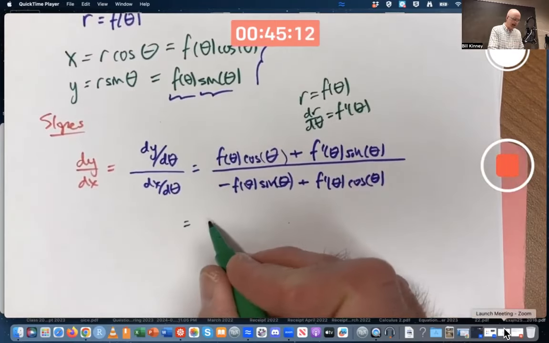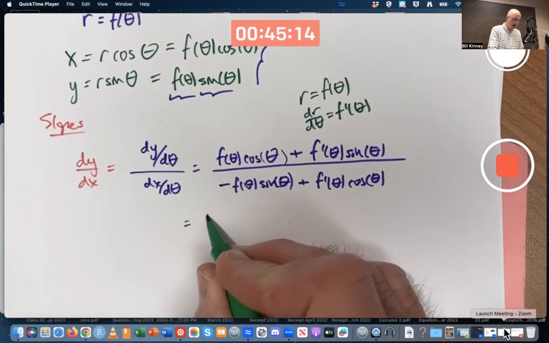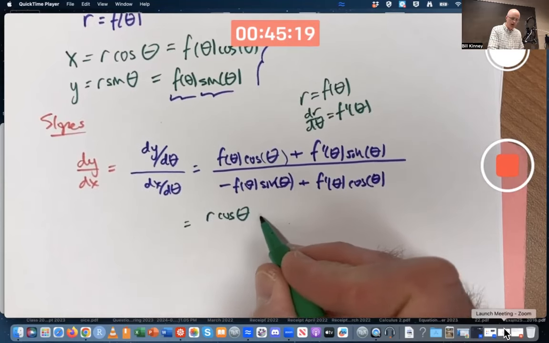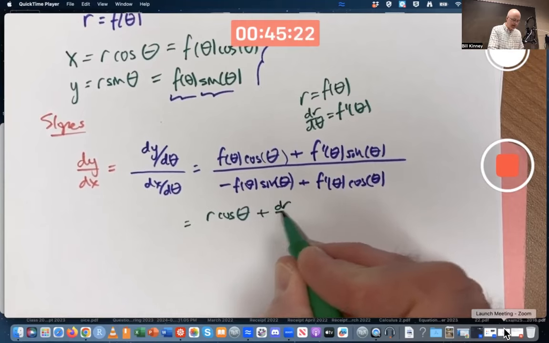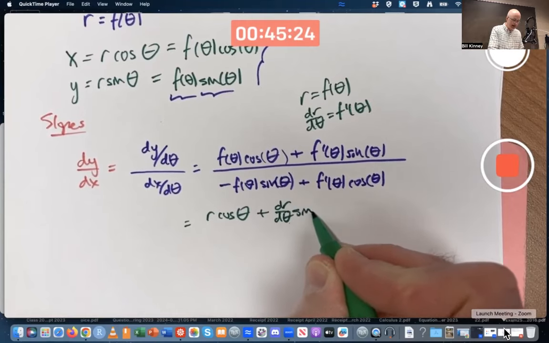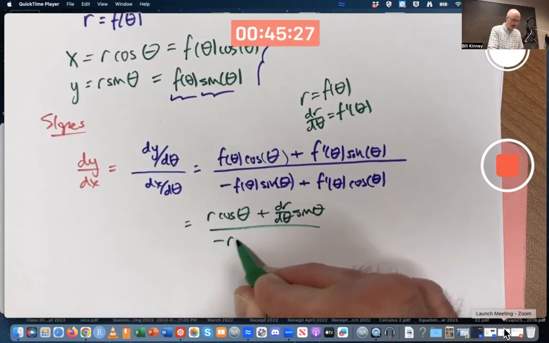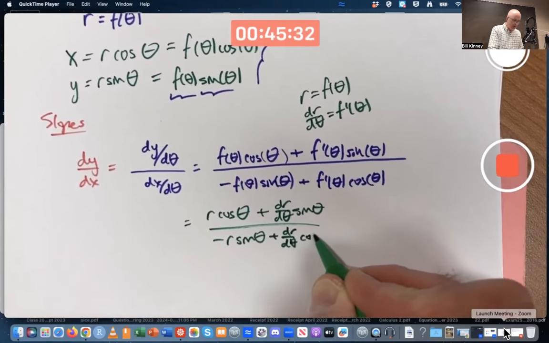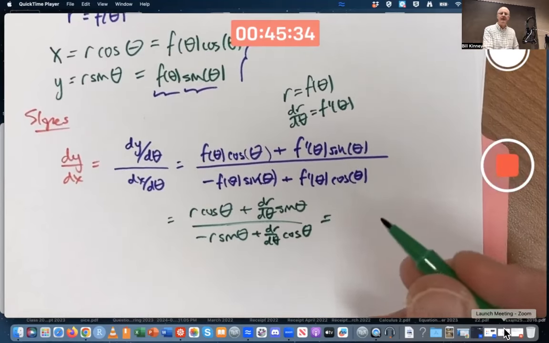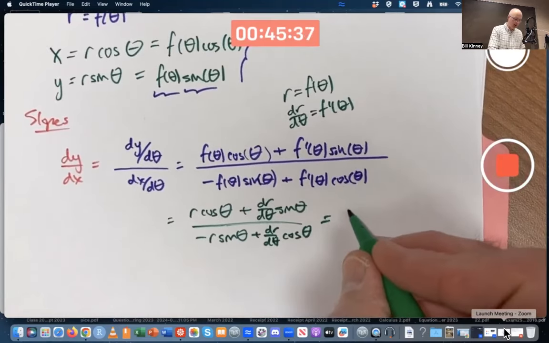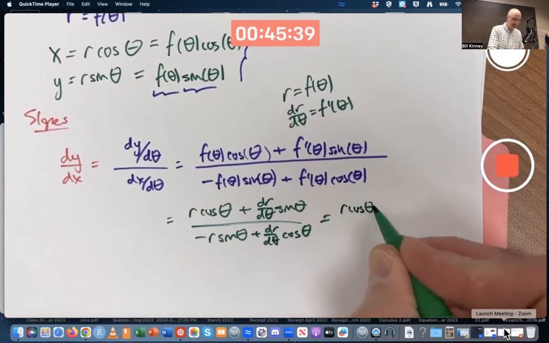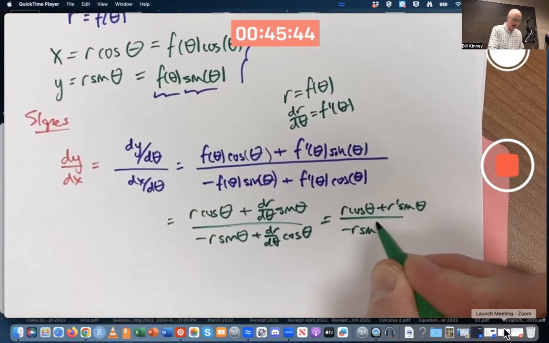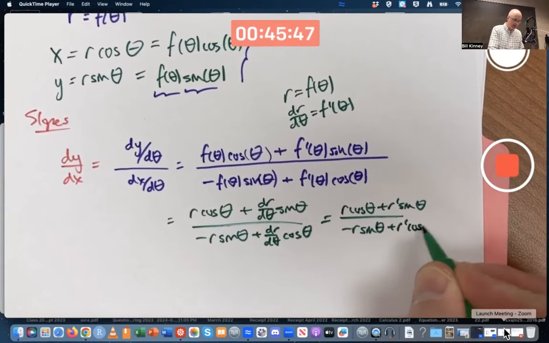Another way to write this is r cos theta plus dr d theta sine theta over negative r sine theta plus dr d theta cos theta. Or if we're feeling really lazy, instead of writing dr d theta, write r prime: r cos theta plus r prime sine theta over negative r sine theta plus r prime cos theta.